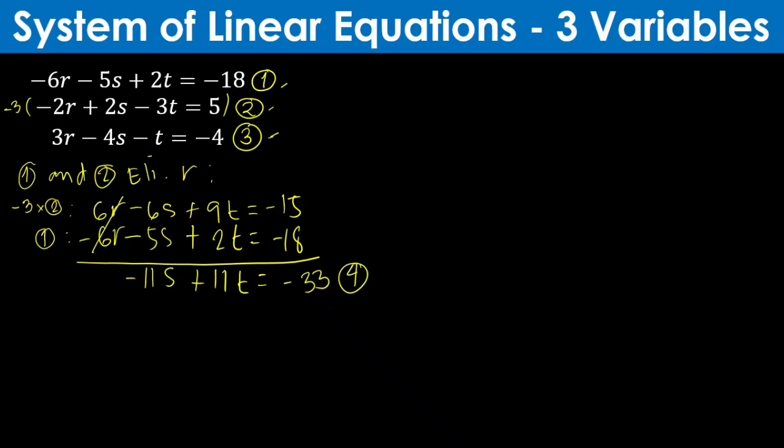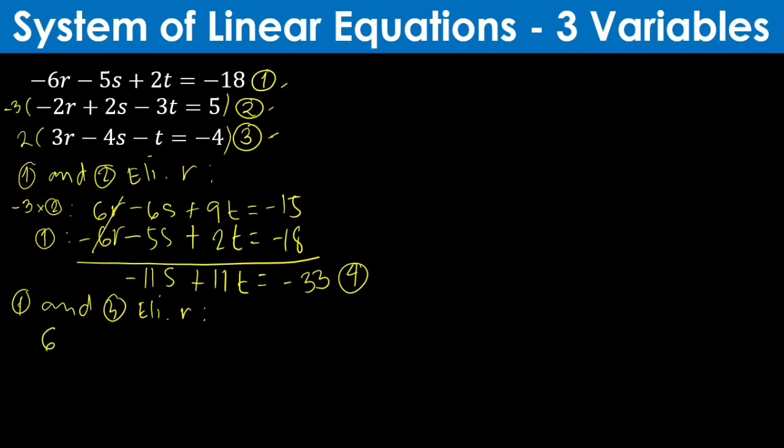Now what we're going to do here is we'll multiply this by 2, so that we multiply 2 to 3r, that's 6r, and its opposite sign with the first equation, and r will be eliminated. So we'll be using equation 1 and equation 3 to eliminate r. Alright, let's now multiply 2 to equation 3.